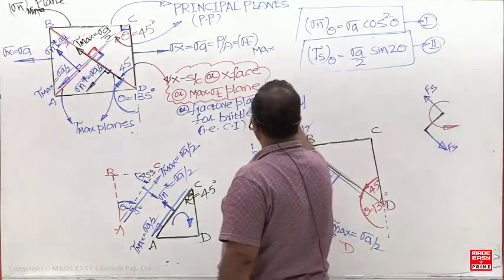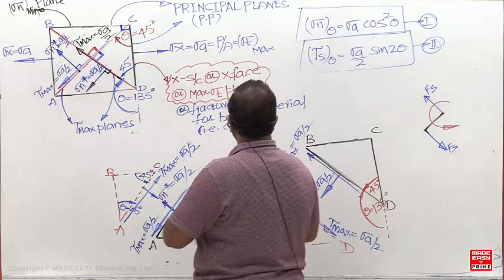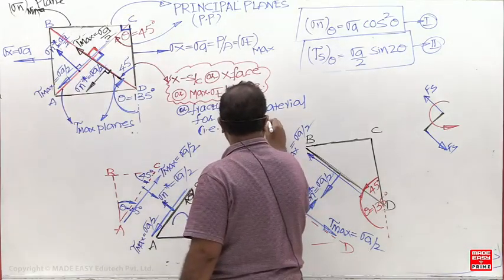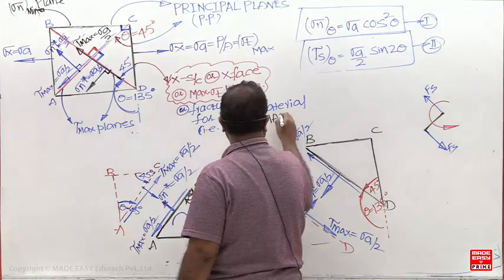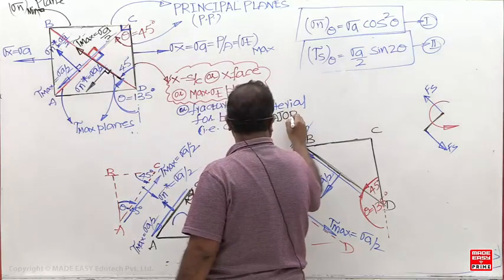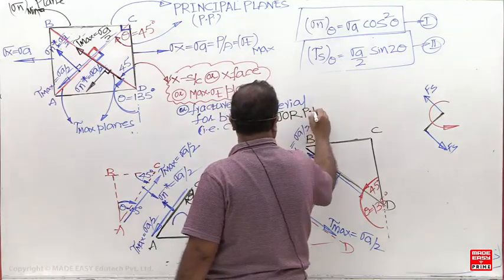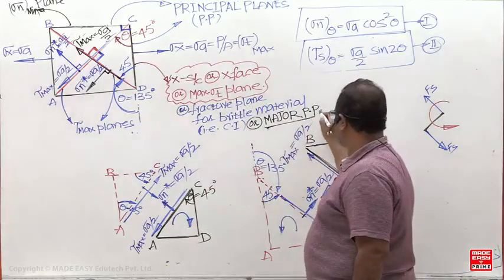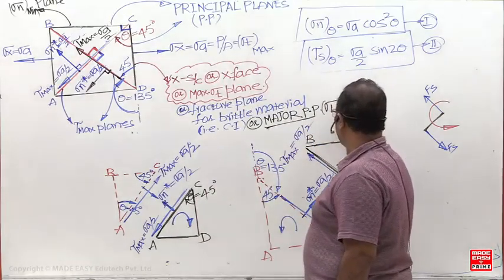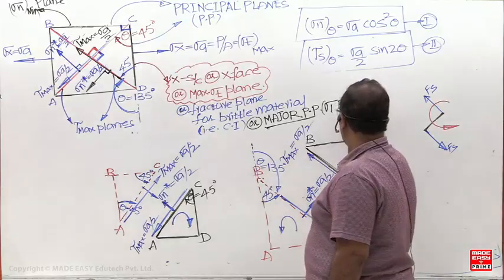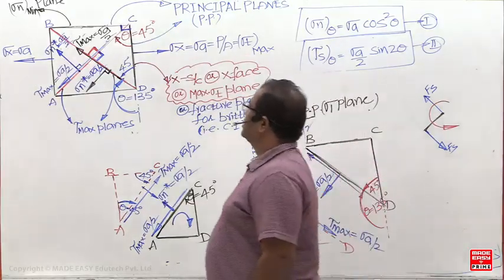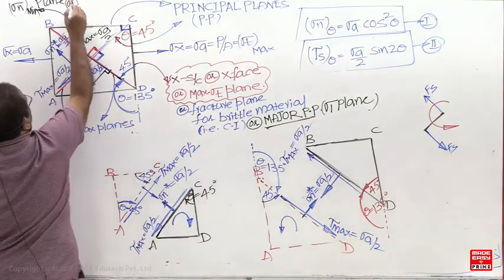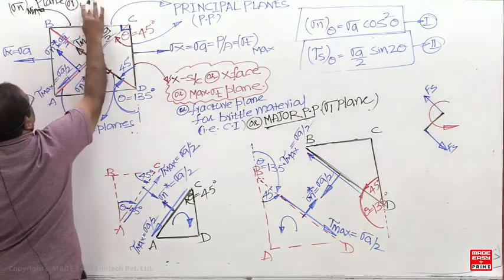What other name can I call it? Major principal plane, which you call the sigma 1 plane. And the other name for the minor one is the minimum normal stress plane or minor principal plane.